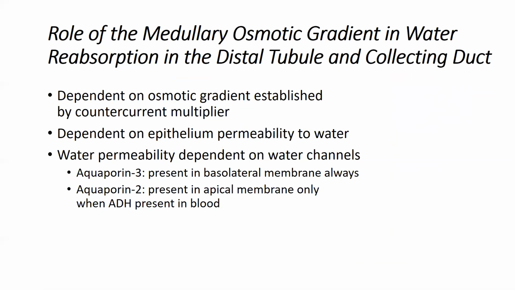Now, the presence or absence of these channels is directly related to the ADH hormone. So if you have lots of ADH, right, you're thinking holding on to urine, anti-diuresis, are you going to put more or less aquaporins into the membrane of the tubule? You want to hold on to more water.